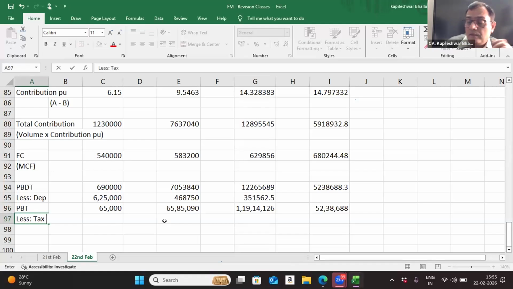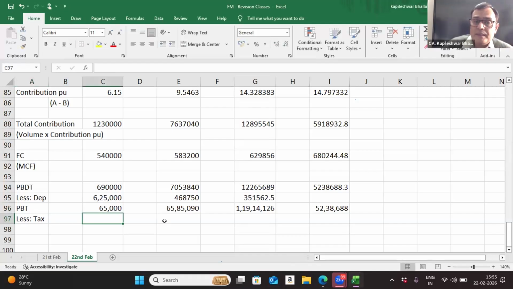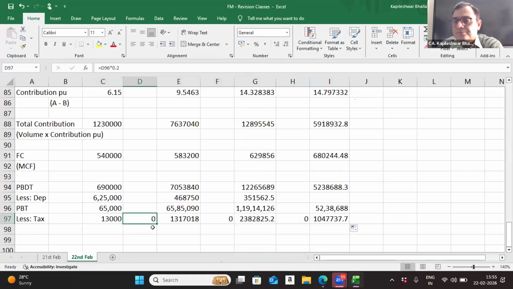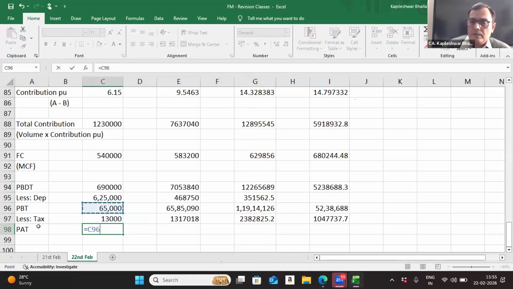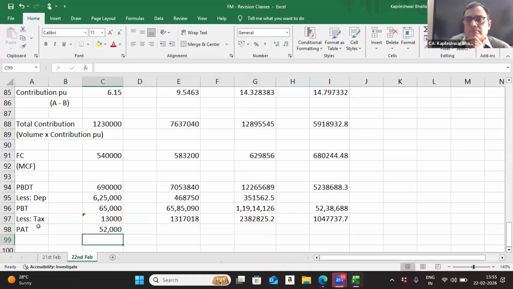So that means we'll pay the relevant tax in the year itself. So we can take this PBT into a 20% tax rate. So this will give us the tax calculations as well. And then we can get the PAT. So this will be PBT minus tax.